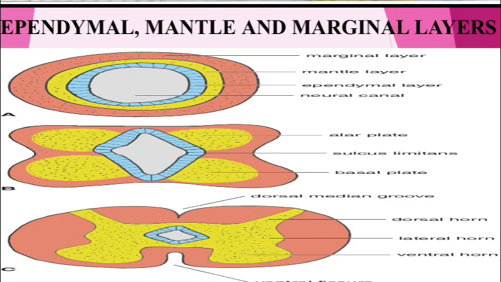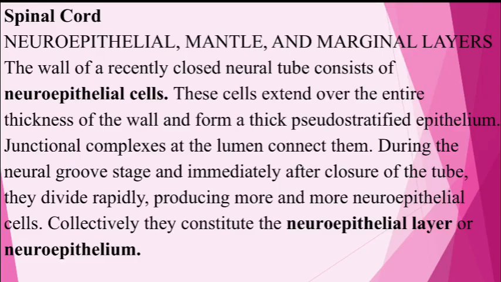So as far as embryology of the spinal cord is concerned, remember that the wall of a recently closed neural tube consists of neuroepithelial cells. These cells extend over the entire thickness of the wall and form a thick pseudostratified epithelium.